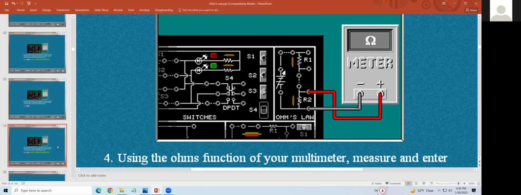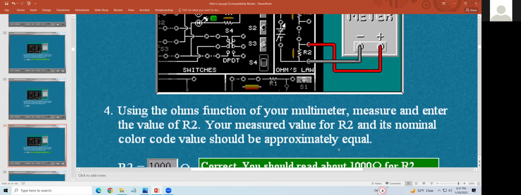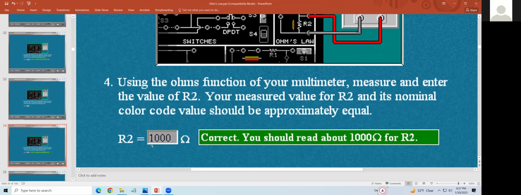If you're doing it right, for example, they tell you to measure the value. If you enter the value correctly, they say correct. Otherwise, incorrect. Then you have to do it until it's correct before you can move on.